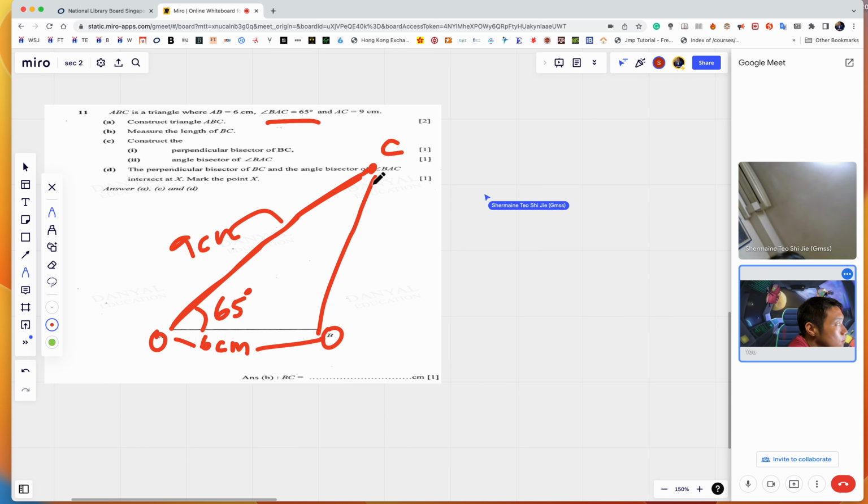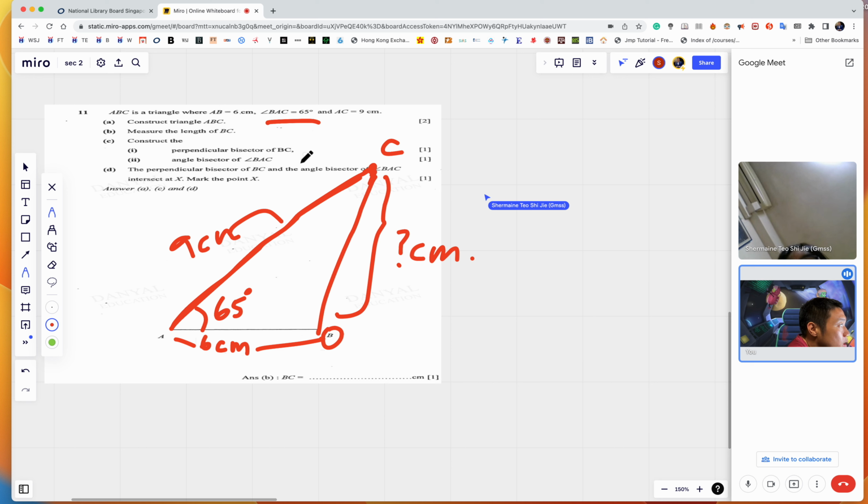Are you clear? Okay, done. Then they say measure the length of BC. BC is here. So you need to use the ruler to measure here. Clear or not? Okay, good.